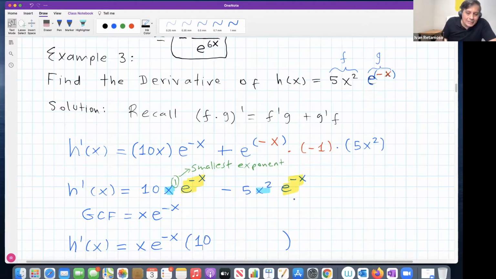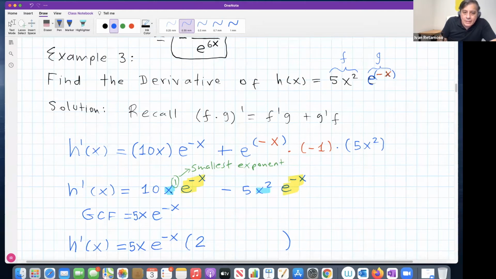But moreover, look, I think I should have done this once and for all. 5 and 10, greatest common factor, isn't it 5? So 5 should have been here. Yeah, so 5 out. 5x e raised to minus x into 10x e raised to minus x: 5 into 10 is 2.